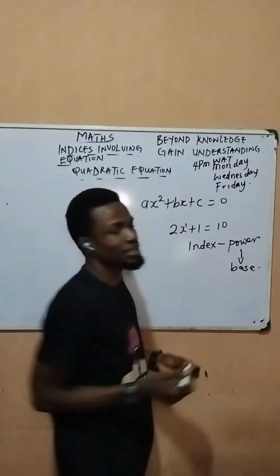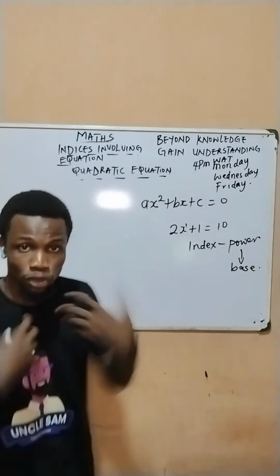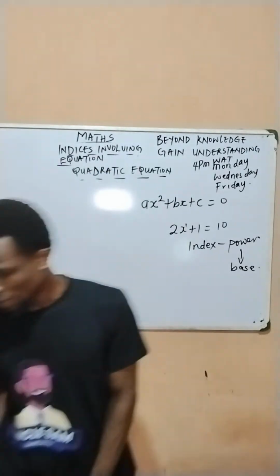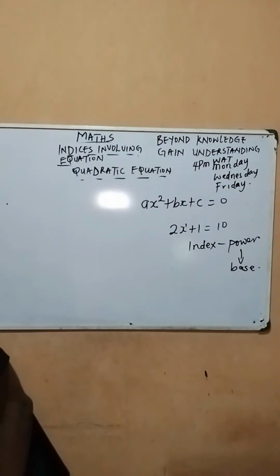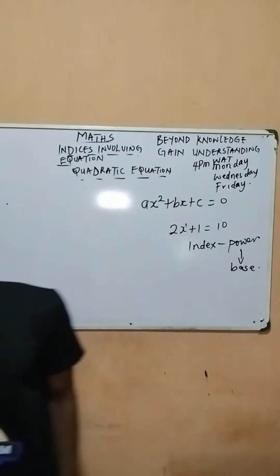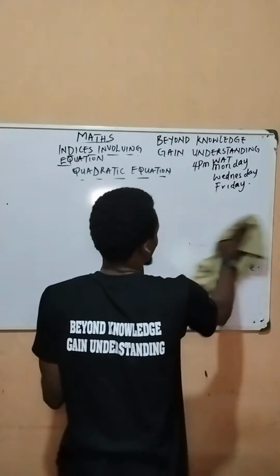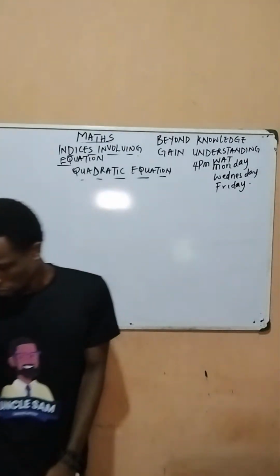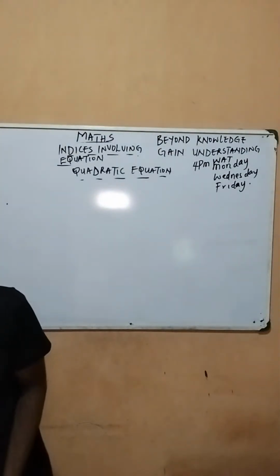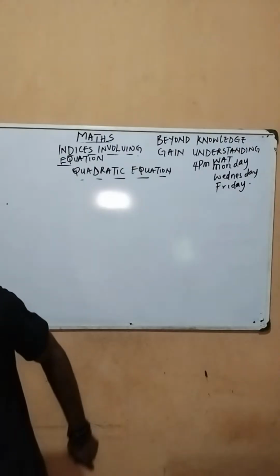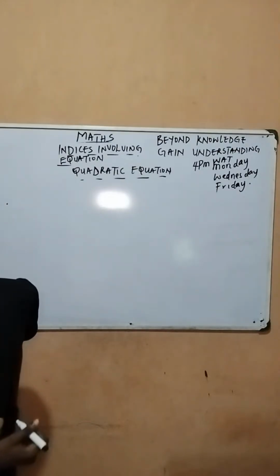So these three things need to come into play anytime you're discussing indices. So the next thing I'm going to do now is to go further down to discuss indices involving quadratic equations. So I'll start with a given example here. The first example I'm going to be considering is this. We have a given equation here.